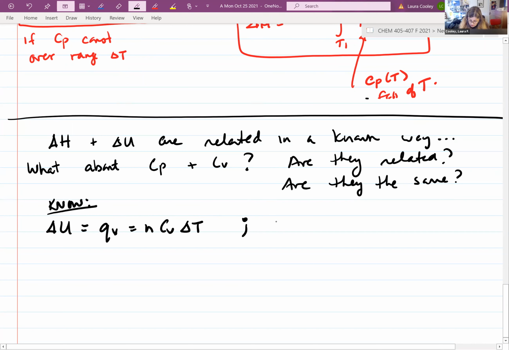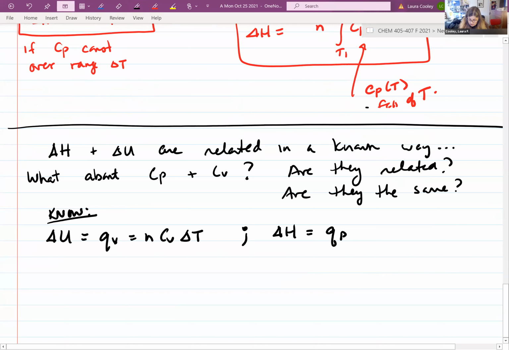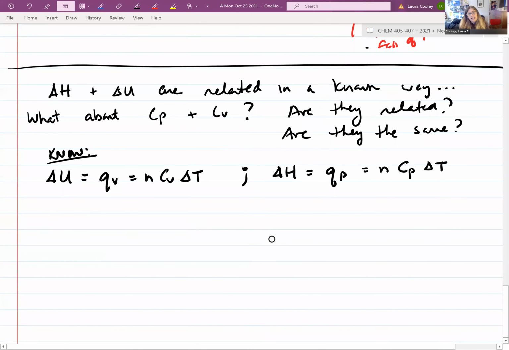We also know that delta H, the heat that flows at constant pressure, is nCP delta T. Okay, so let's suppose that we heat a 1 mole sample of gas at constant pressure versus at constant volume. So let's draw a constant volume container here.